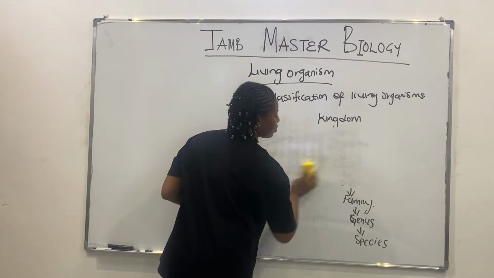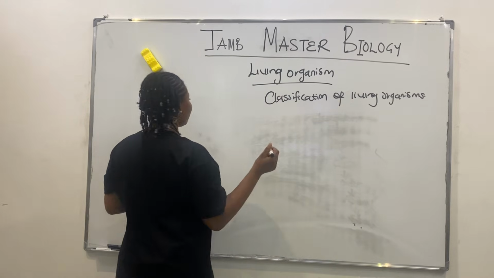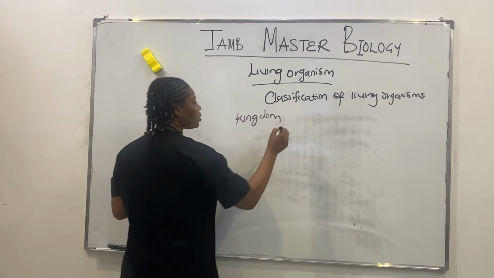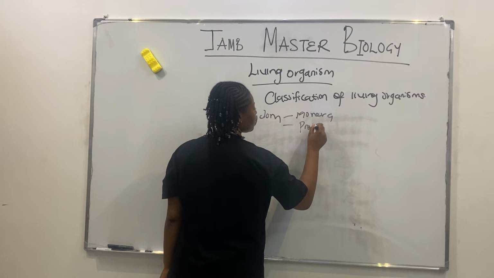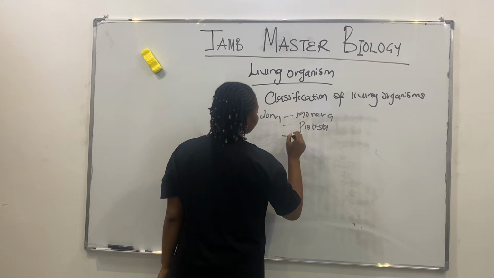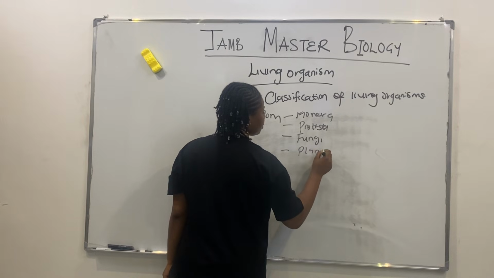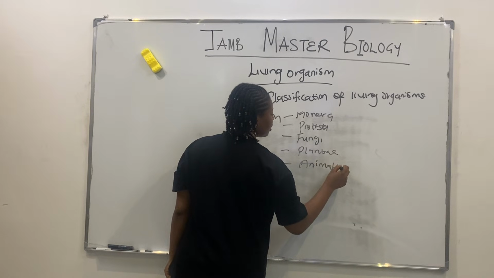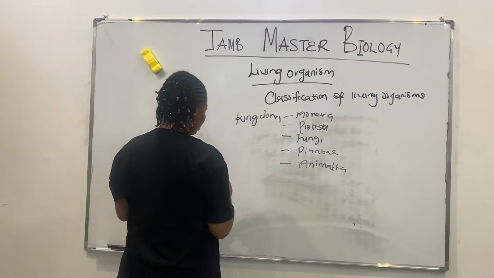Under the kingdom, we have specifically 5 important kingdoms we consider in biology, and they include kingdom Monera, kingdom Protista, kingdom Fungi, kingdom Plantae, and kingdom Animalia. So 1, 2, 3, 4, 5. Yes. So these are the 5 kingdoms we talk about in biology.